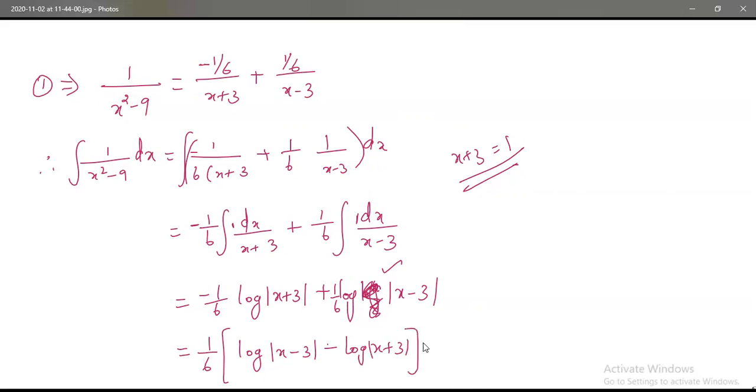And now we know that log a minus log b is log a by b. So that is equal to 1 by 6 log of x minus 3 by x plus 3, plus the integrating constant c.